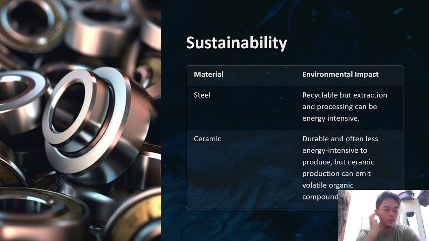So however, ang paggawa ng ceramic ay maaari ring maglabas ng mga volatile organic compound na nakakasira sa kalikasan, sa environment natin. So and also sa health natin. So this also causes risk about its chemical properties. So high risk yung ceramic, kaso mas good siyang gamitin.